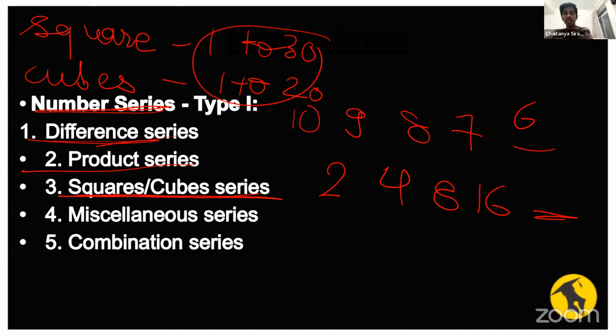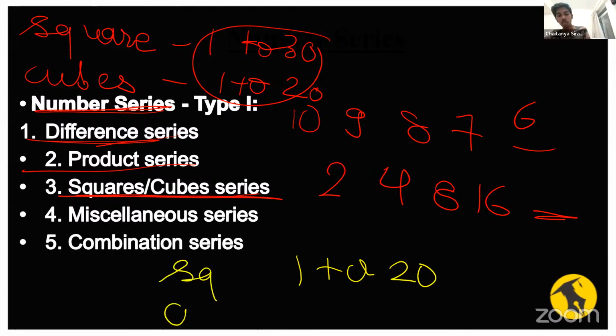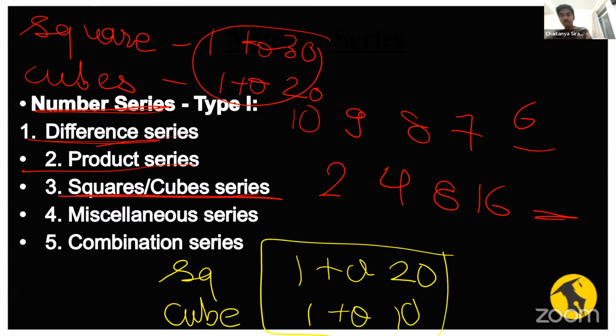If you don't think you can remember all of those, you need to at least do from 1 to 20 for squares, and for cubes you can do 1 to 10. All right, this is very important, guys. Please do remember first 20 squares and first 10 cubes at least. I would recommend doing it up to 30 and 20, but it depends on you as well. So whatever you find convenient, do it accordingly.